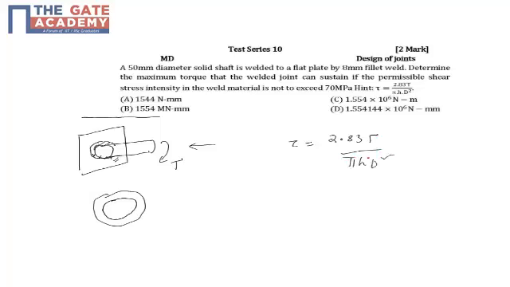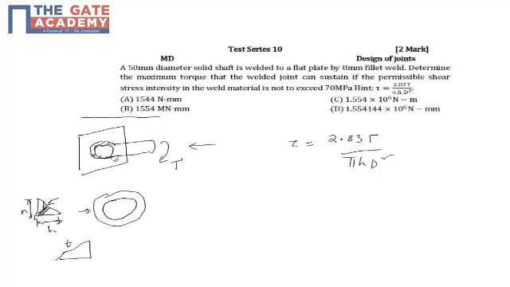Now I'll explain how to derive this because that may be important for later. Basically this is a ring, and in the nomenclature of weld, if you remember the basic background, this is your weld size, which is your h, and we consider the minimum cross section area, which is your throat.